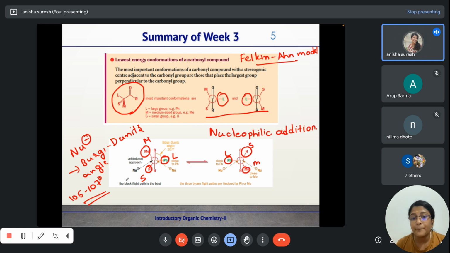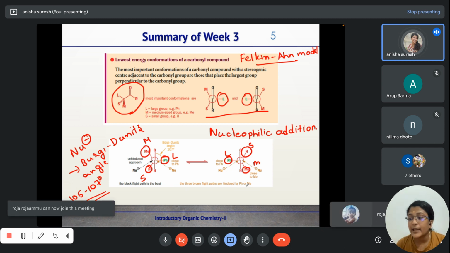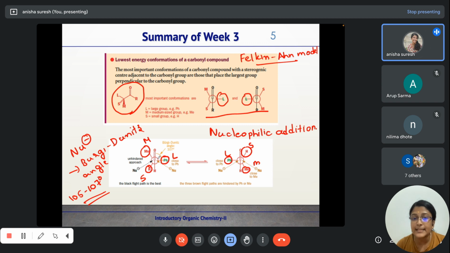So we can see the black flight path is the best, that is, the approach of the nucleophile from this side is the best. The three brown flight paths are hindered by phenyl or methyl. Here the nucleophile is hindered by the methyl group, and in this case the phenyl group is hindering the nucleophilic approach.